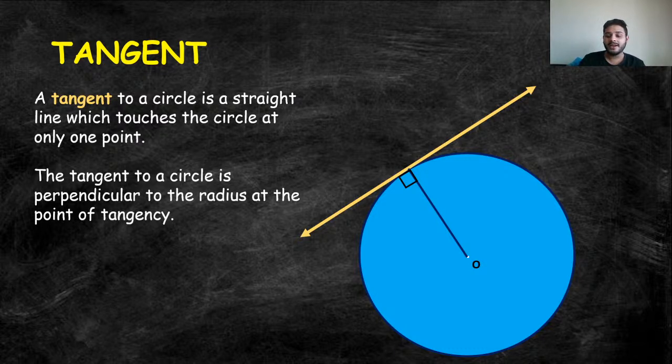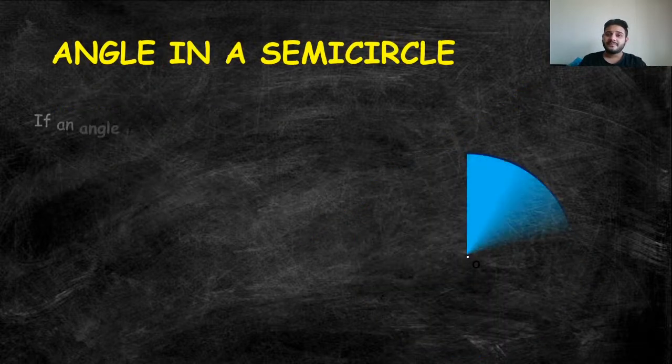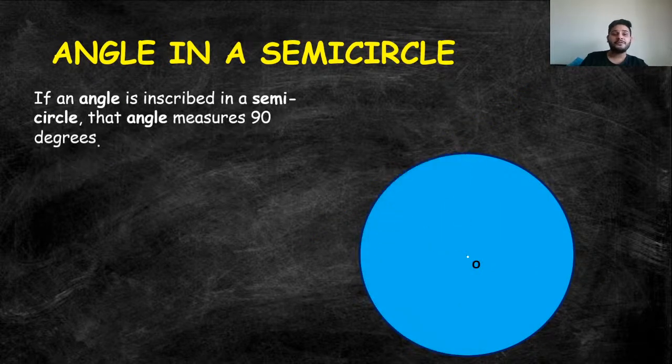Angle in a semicircle, as I mentioned a few slides before, we will be talking about in the coming slides. So if an angle is inscribed in a semicircle, that angle measures 90 degrees. When I say that, I do not mean that the third vertex of that triangle inscribed in the semicircle can be inside the circle.